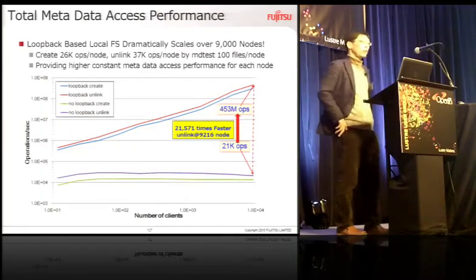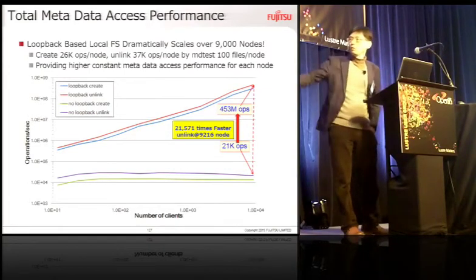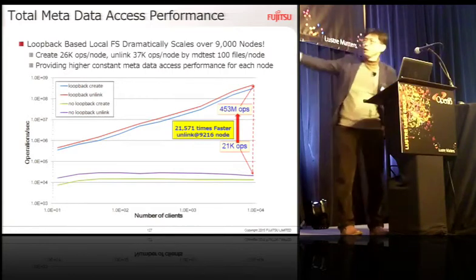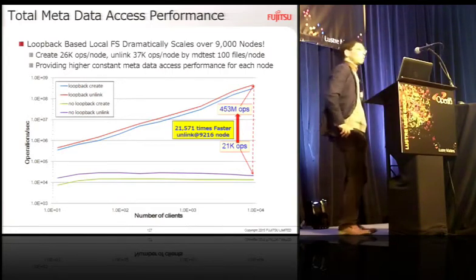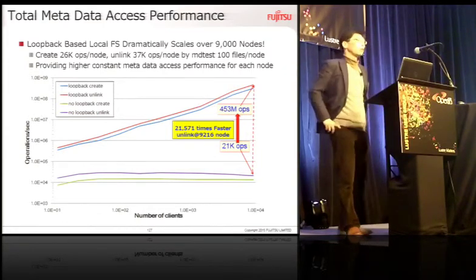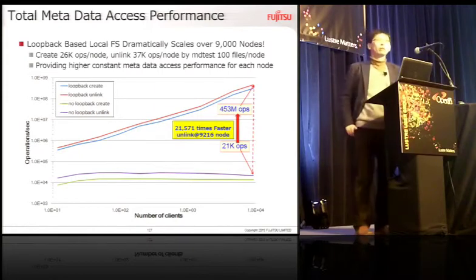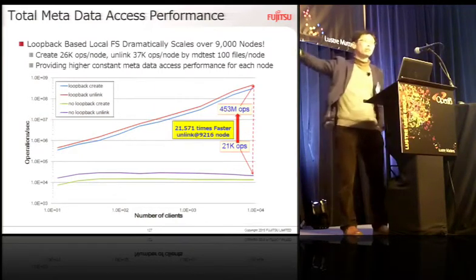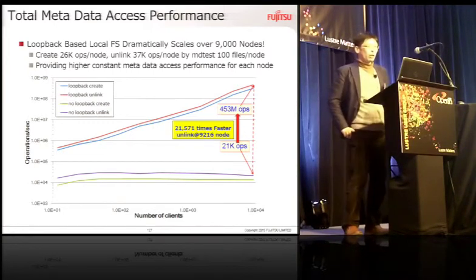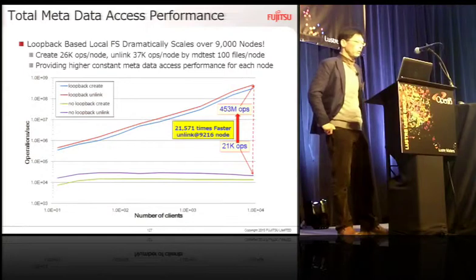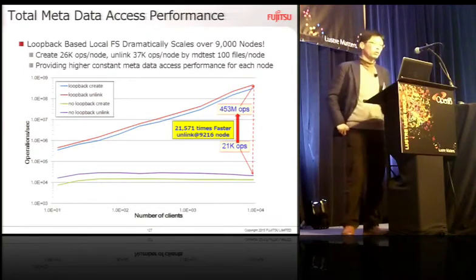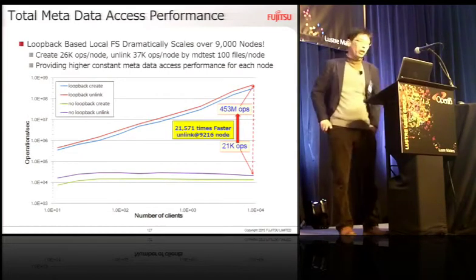And second, total metadata access performance. The x-axis shows the number of clients, which also means the number of nodes, and the y-axis shows operations per second. It's a log scale, and this plot shows create and delete performance. For FEFS, the Lustre file system has constant MDS performance. It's around maybe 21 kilo operations per second for deleting files. However, for the loopback file system, as you know, it is completely scalable.